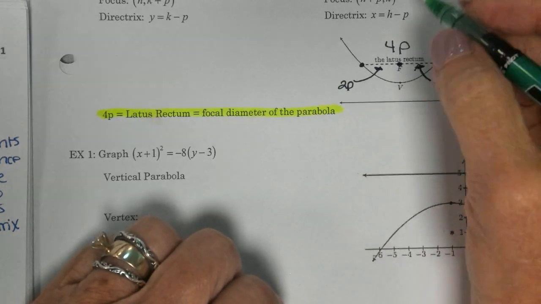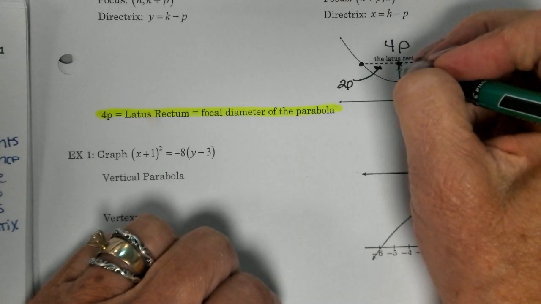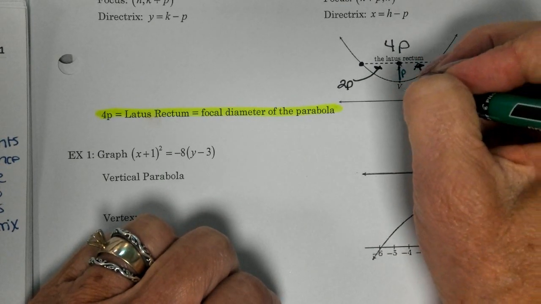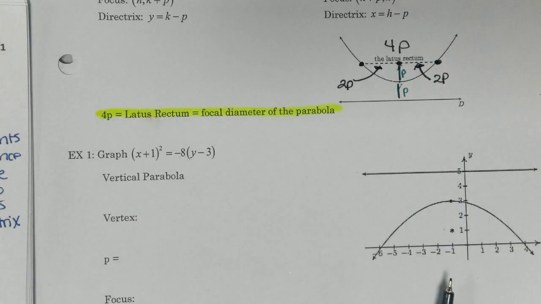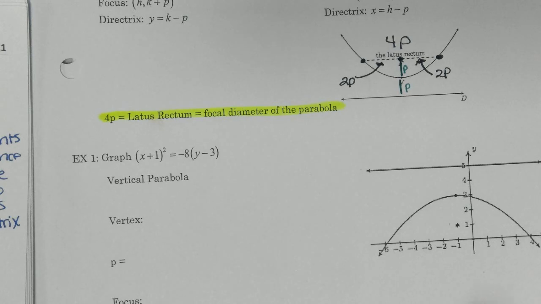And then this distance right here is 1P, and this distance right here is also 1P. So P is a very critical value in graphing this. All right, so you've got your latus rectum and you've got your P.